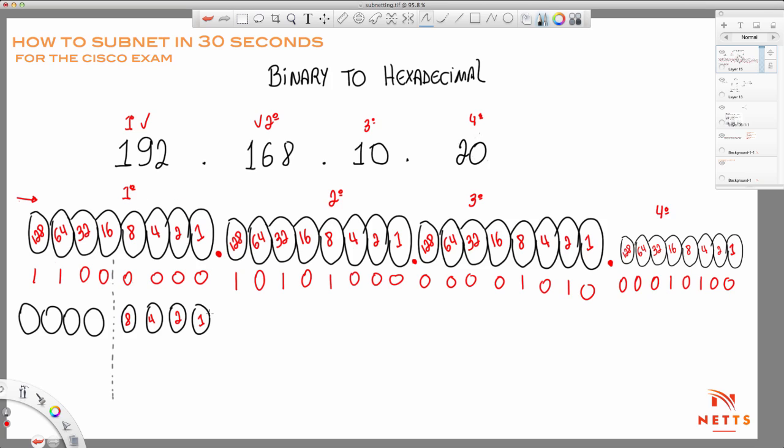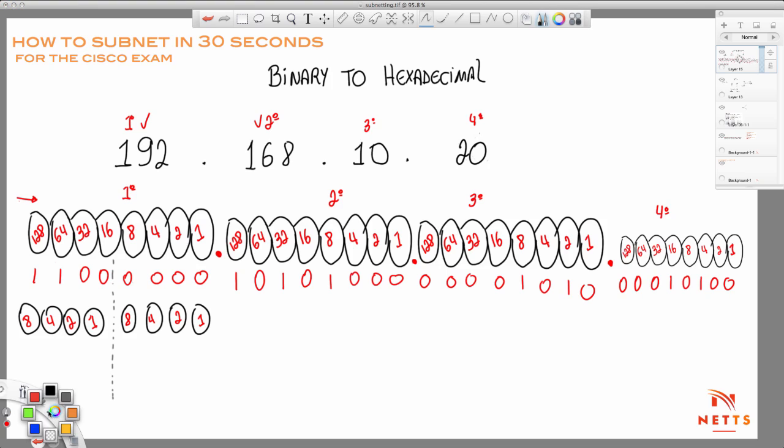But now the key is you should stop at this line and start counting again from 1: 1, 2, 4, and 8. Then you copy the same binary values into the hexadecimal, but using the new values.